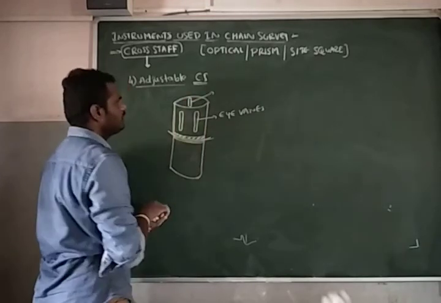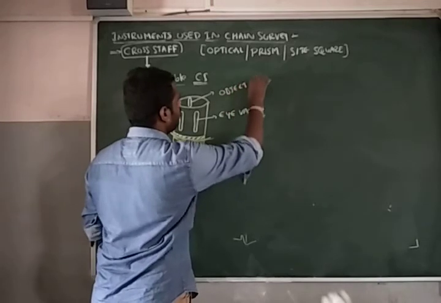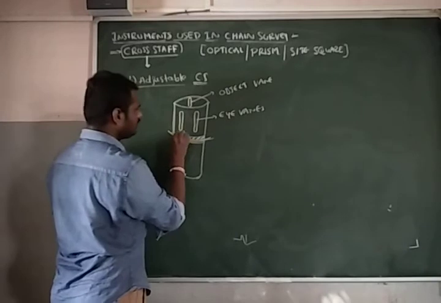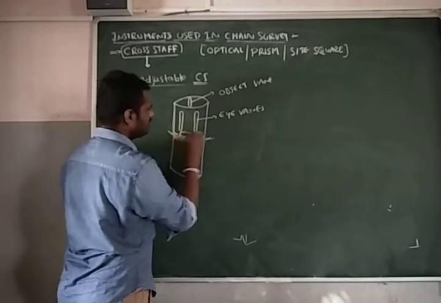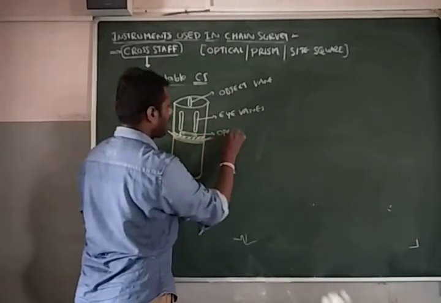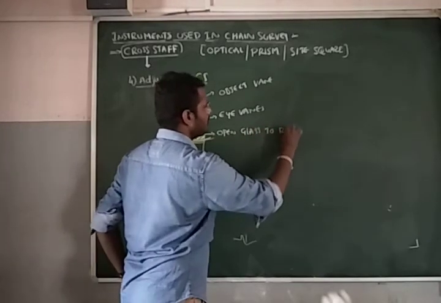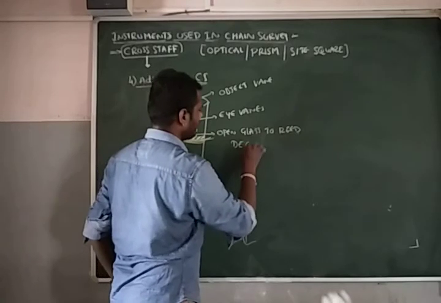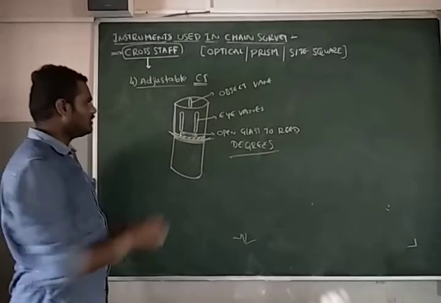This is the object vane, and at the bottom you will have an open arrangement, an open glass, to read degrees. So this is the shape.